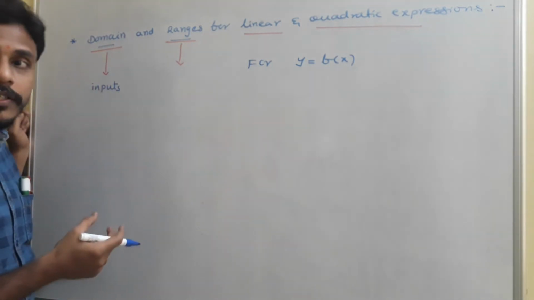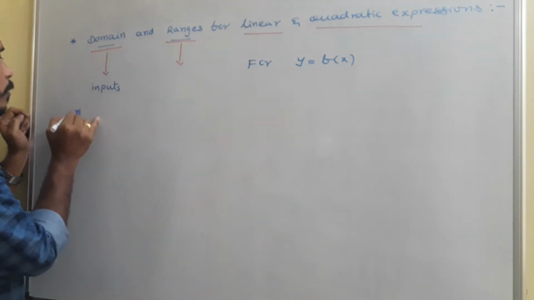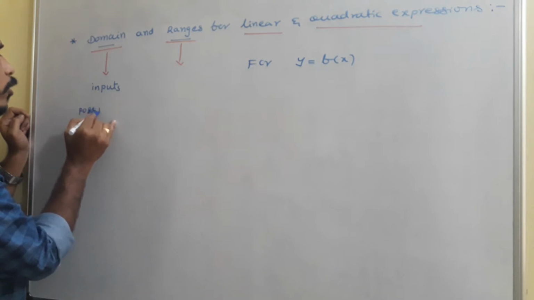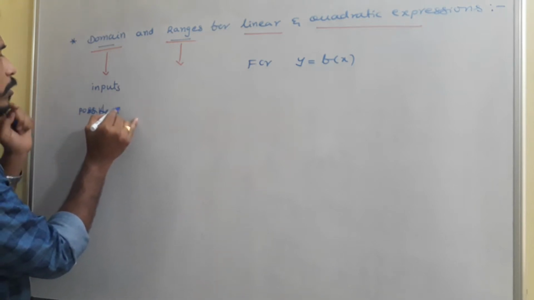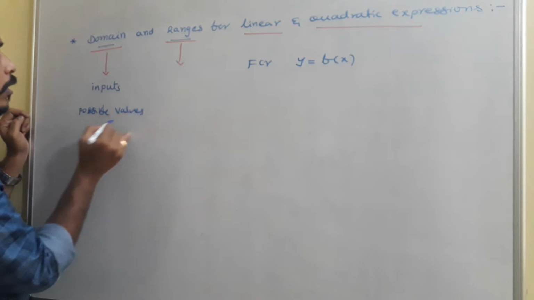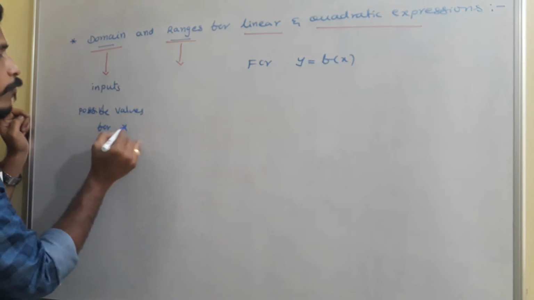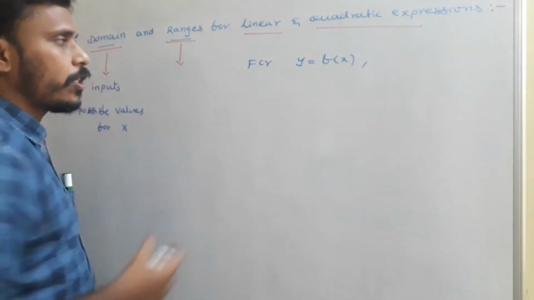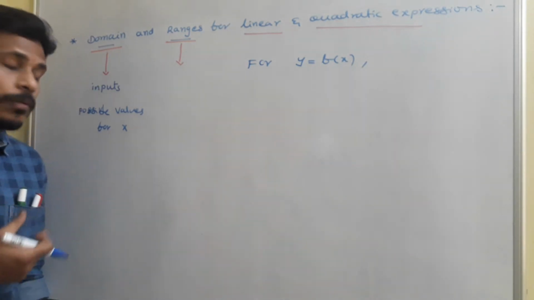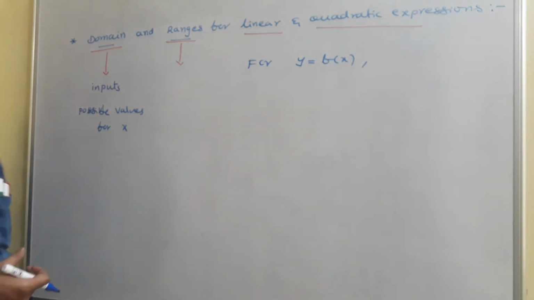Possible inputs are considered the domain. Inputs means possible values for x. If you have an expression or a function like y is equal to f of x, then the possible values for x are called the domain.